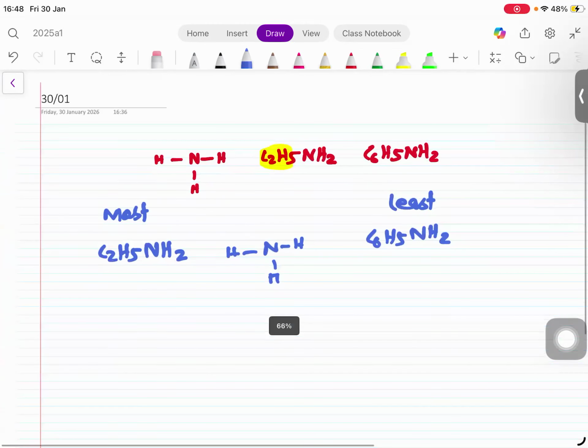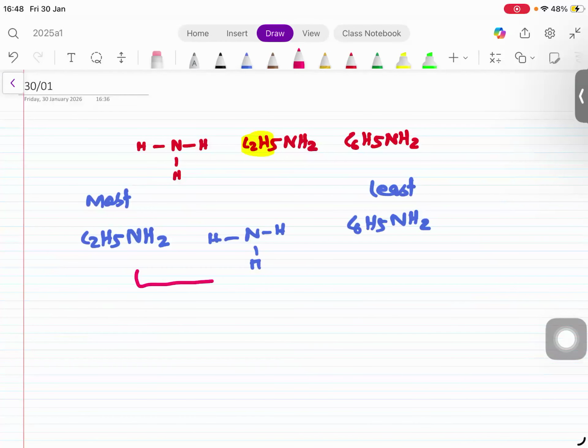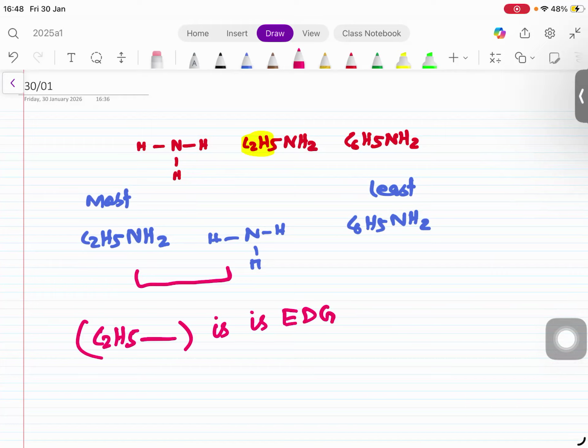Once you are writing your explanation, the examiner expects you to write like this. You just have to mention why ethylamine is more basic than ammonia. C2H5 is an electron donating group having positive inductive effect.